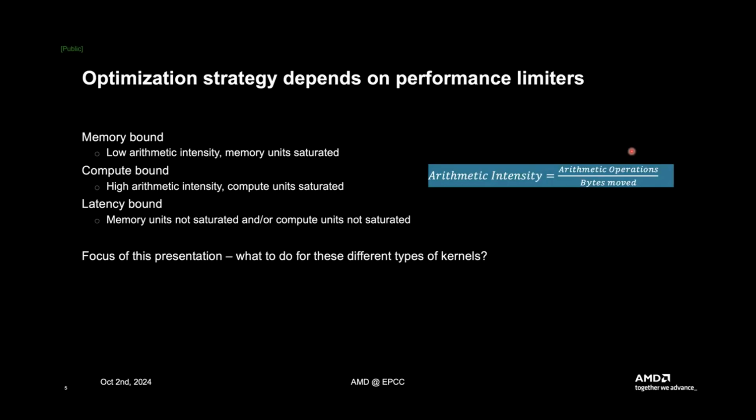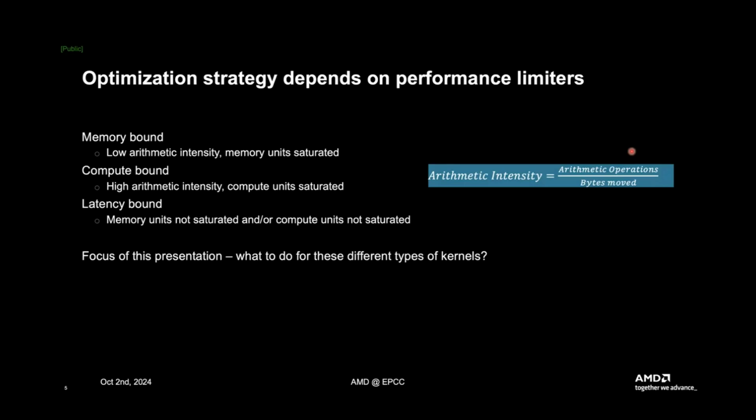Arithmetic intensity is a ratio of how many arithmetic operations you do per byte moved. So if you have a lot of operations, then your kernel becomes compute bound. But if you're moving a lot of data and not doing so much compute, then that kernel is typically memory bandwidth bound. So low arithmetic intensity would be memory bandwidth bound.